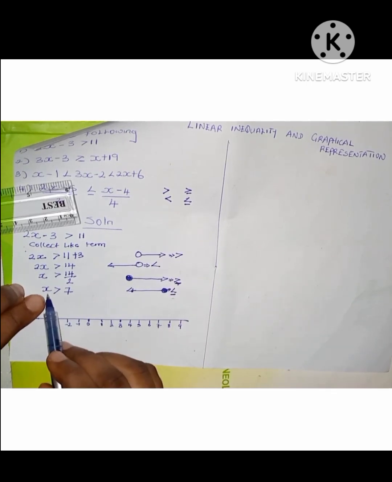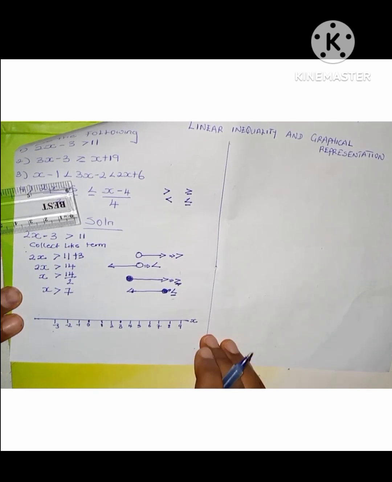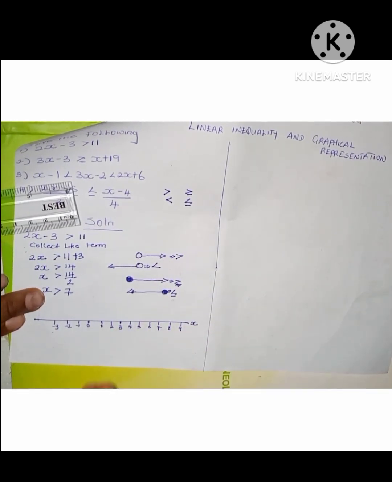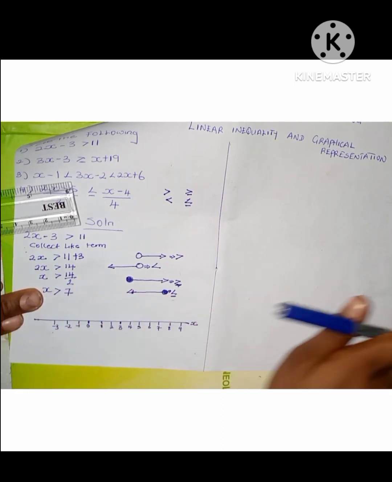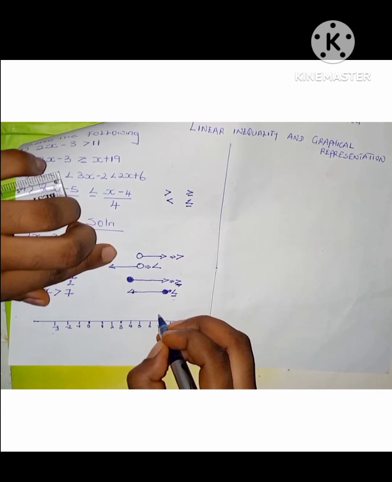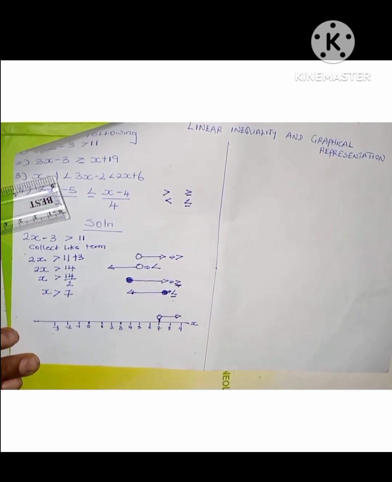So which is x? This is the value in this number line, is the numbers represented, and it is x, the value of x. Now x is greater than, which means it will move over to the right hand side, and where you see your 7, you draw this arrow and put it like this, showing that your x is greater than 7. So this is the answer to this number 1 question.